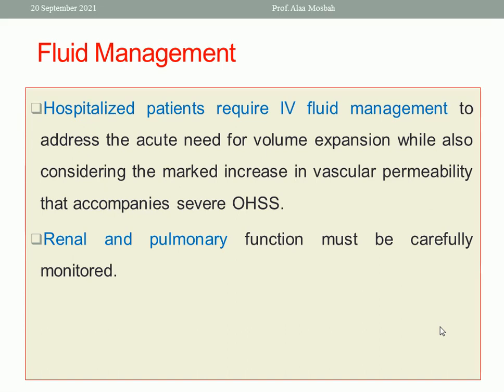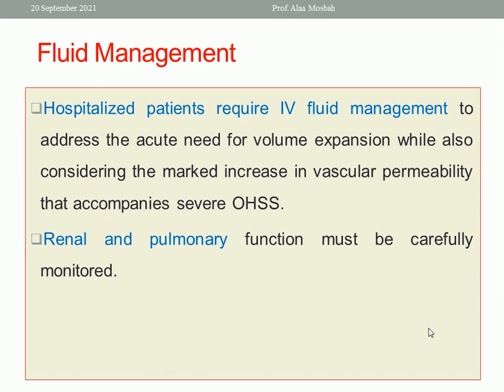But remember, what is very important, that there is increased vascular permeability, okay, due to increased vascular endothelial growth factor and other factors causing increased permeability that accompany ovarian hyperstimulation syndrome. So when you give intravenous fluid, it should be wise, okay?